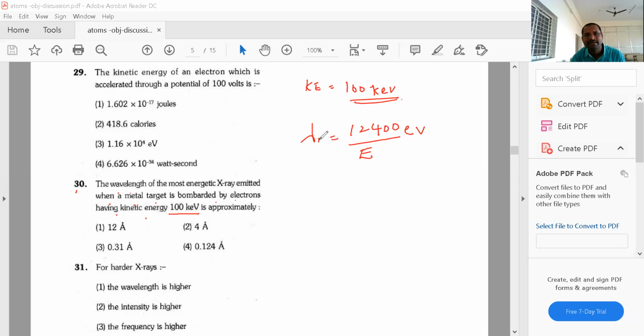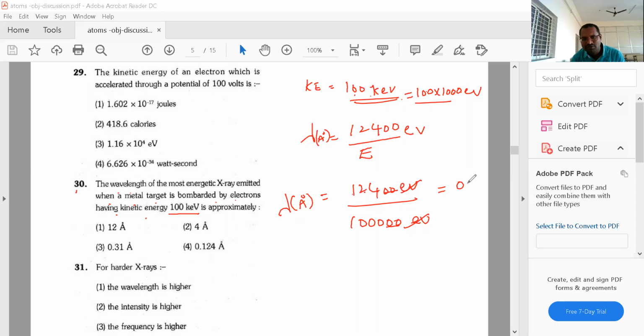Do you remember this formula? 100 kilo electron volt means 100 into 1000, which is 10 to the 5 electron volt, 5 zeros. Electron volt cancels, two zeros cancel, and 124 by 1000 is 0.124 angstrom. So option 4.